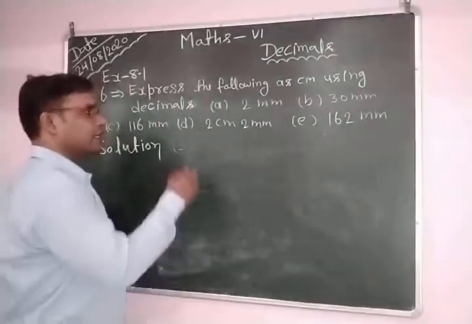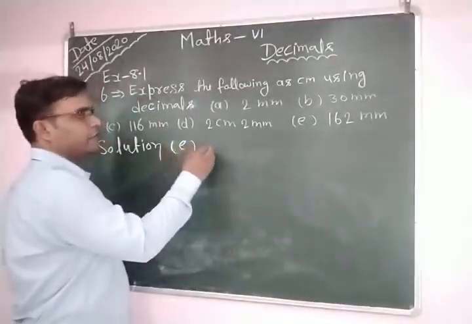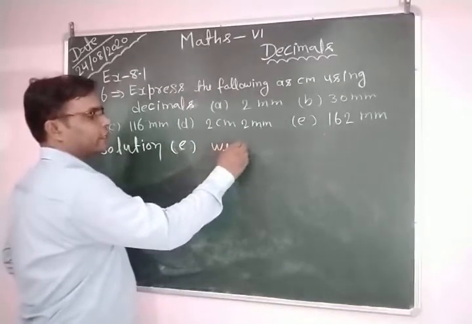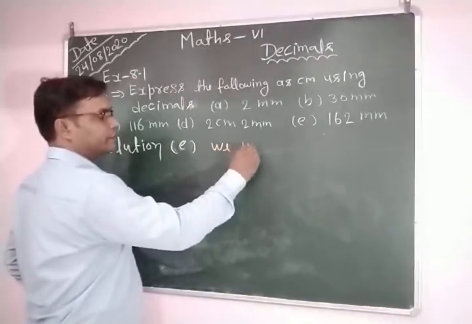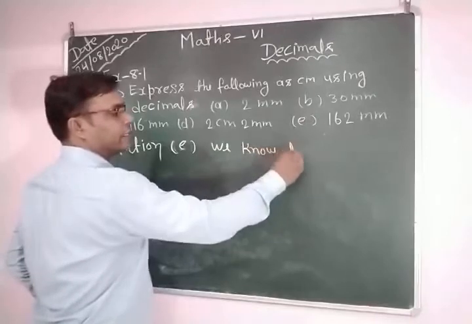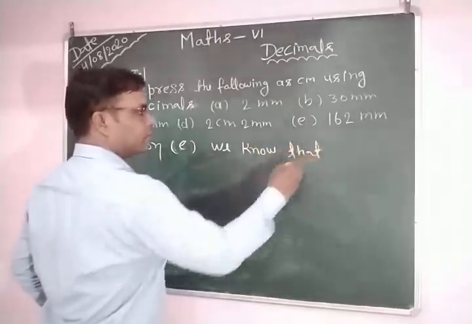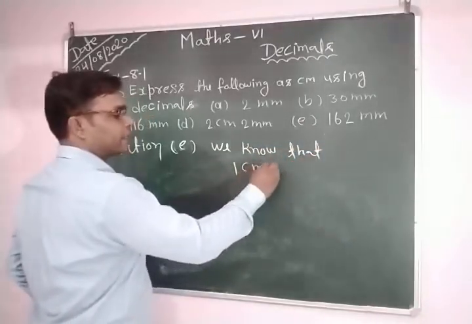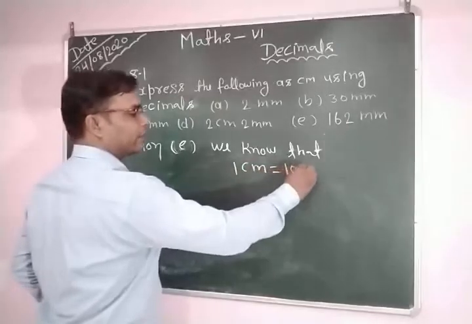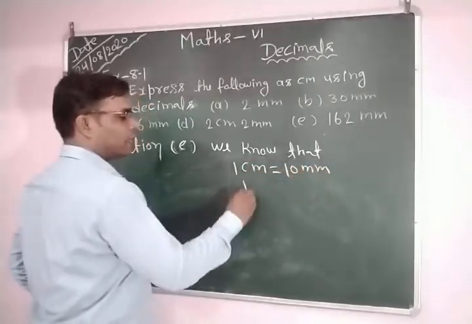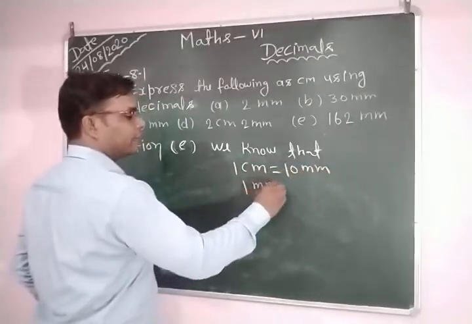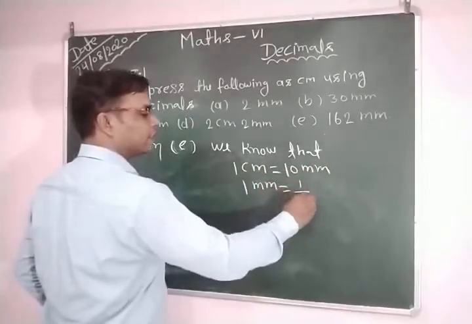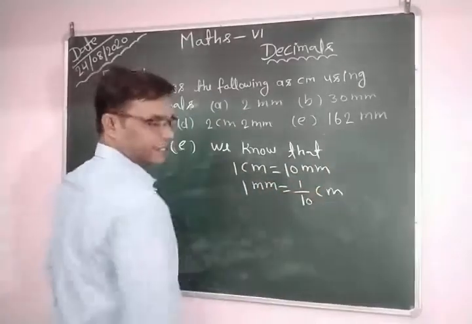You can see here, we know that 1 centimeter is equal to 10 millimeters, or 1 millimeter is equal to 1 by 10 centimeters.